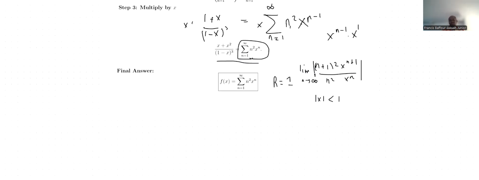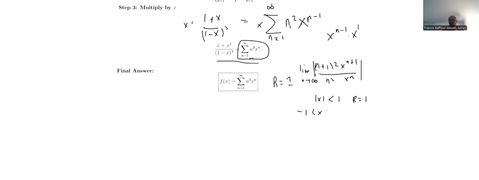For the ratio test, when the limit is less than 1, then it does converge. So your radius of convergence is going to be 1, and at the moment, our interval of convergence is -1 less than x less than 1.